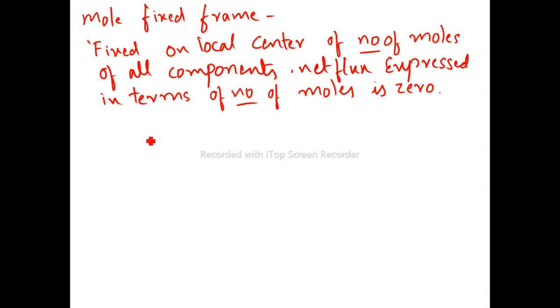Then from this definition we know that the sum of Gi, in terms of number of moles, is equal to 0.